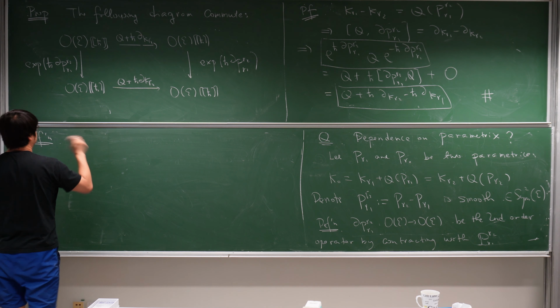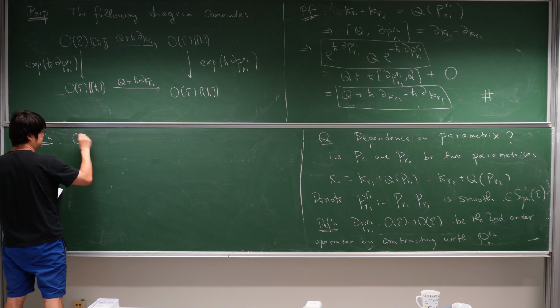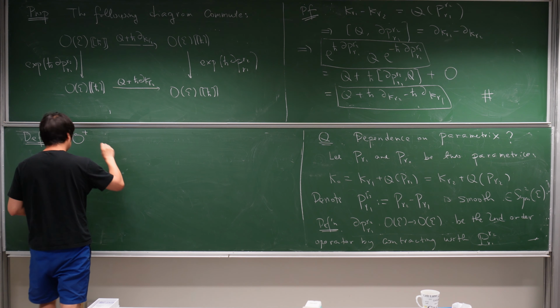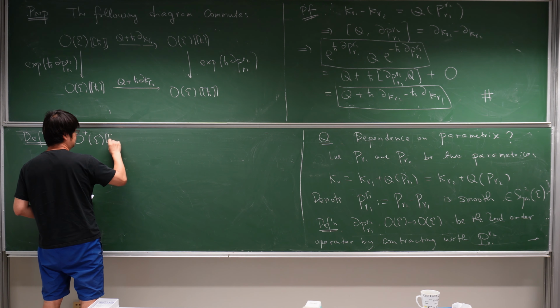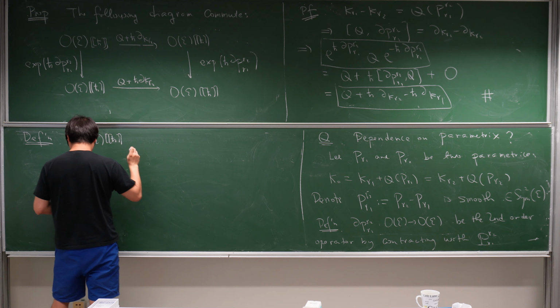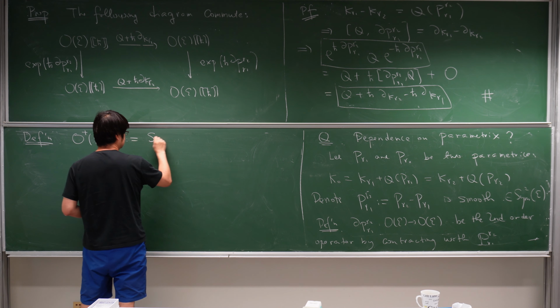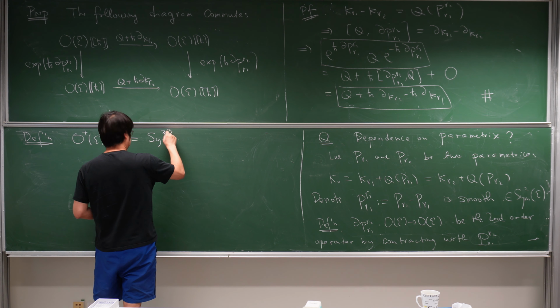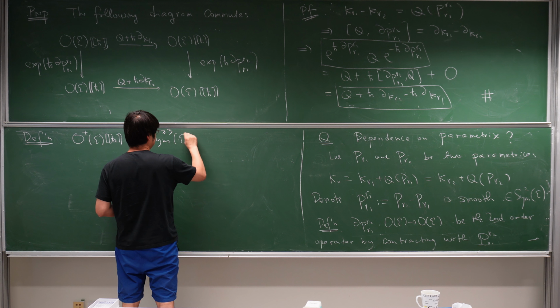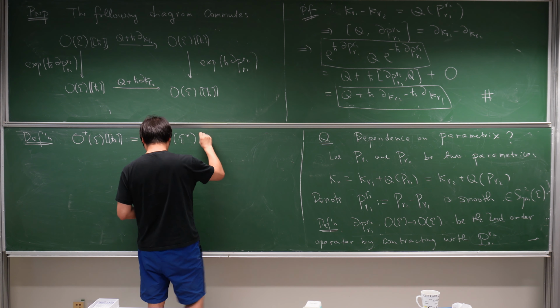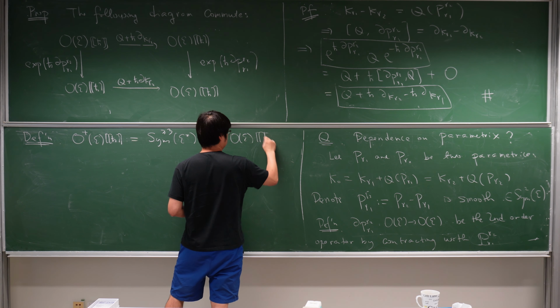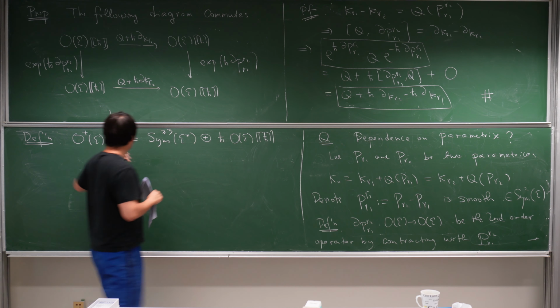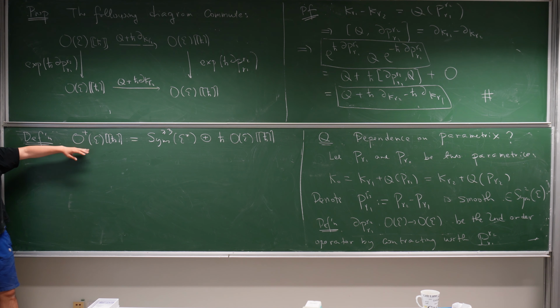And this operation is well defined on the following object. Say, let me denote it by O plus, just to be precise. This is the object in this data. So let's look at the following type of functional.